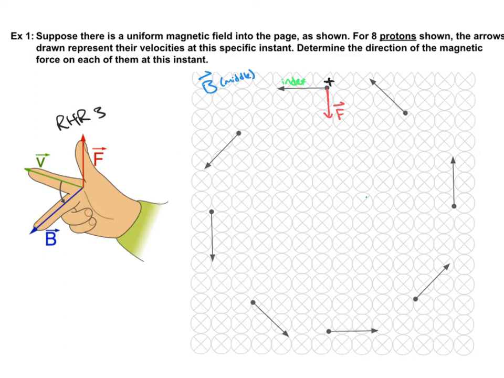If you have a piece of paper, that might be what you do, but you guys are on your Chromebooks probably, so that might be pretty difficult. So you might have to rotate your wrist and arm. Same thing, I have my index finger that I need to point in this angle. I have my middle finger pointing into the page, and I ask which way does my thumb stick out, and it will stick out at a 90-degree angle to the velocity and also 90 degrees to the magnetic field.